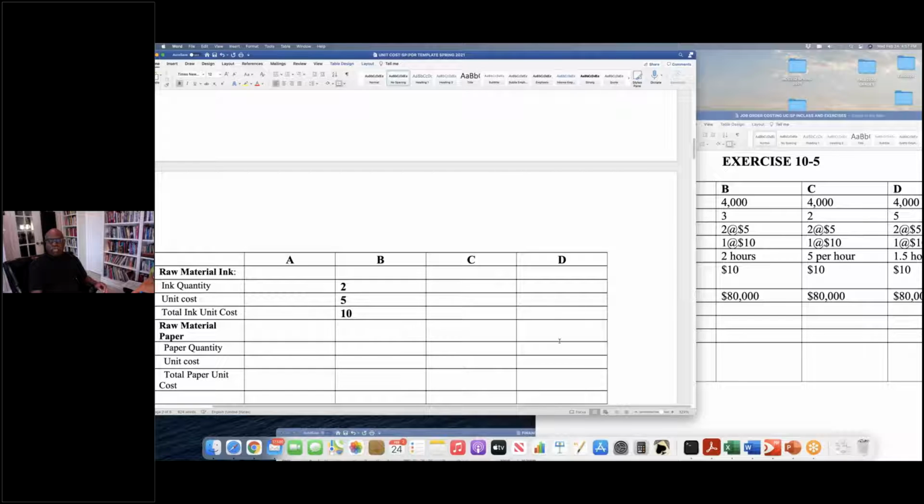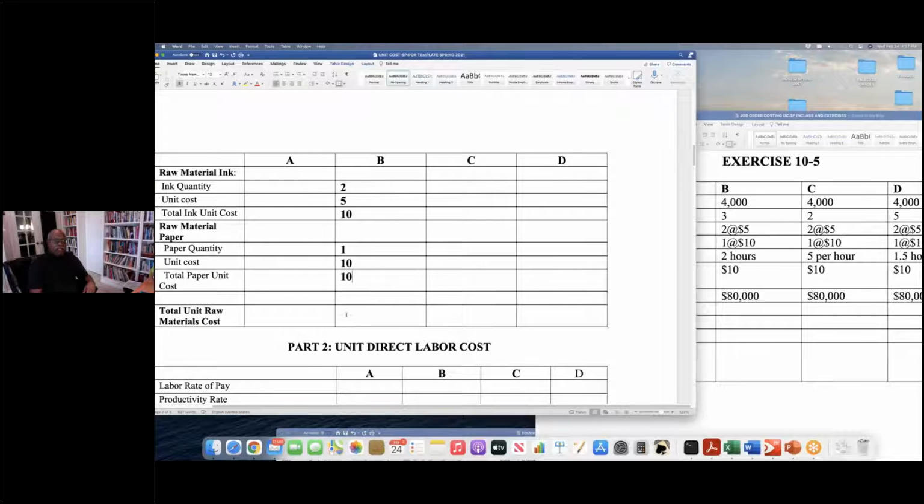So the total cost of paper is 10. What's our total raw materials cost? 20. So we're gonna do it to 20.